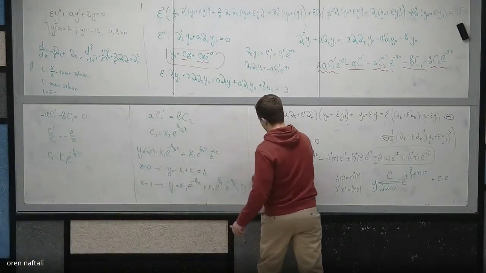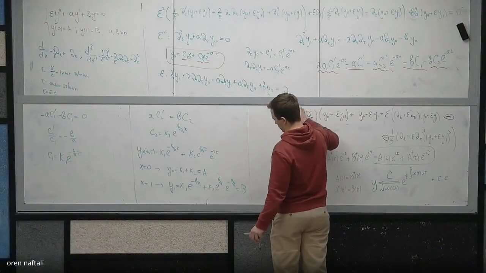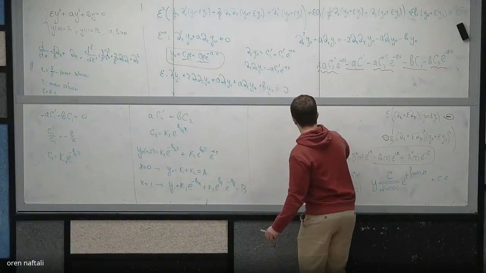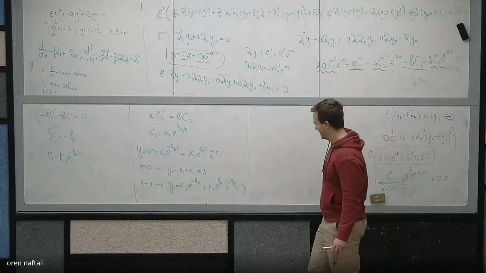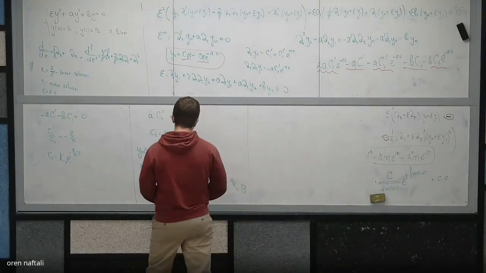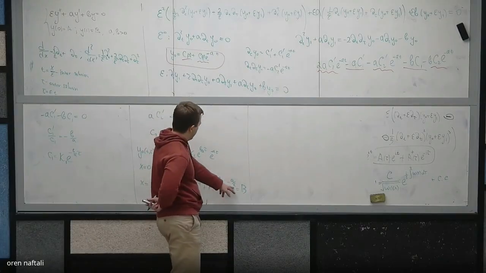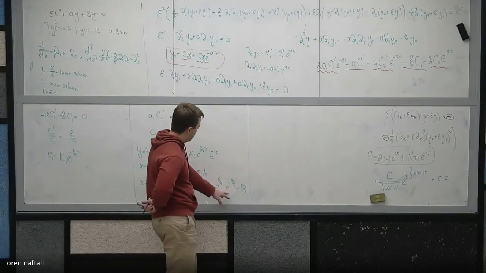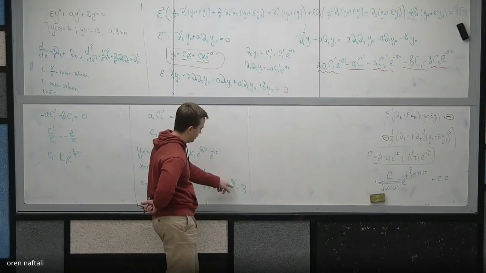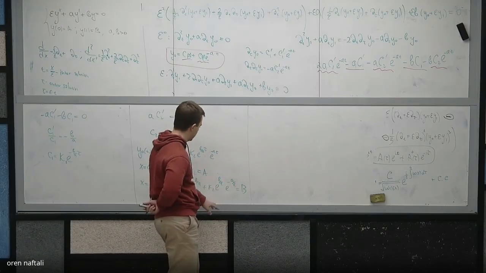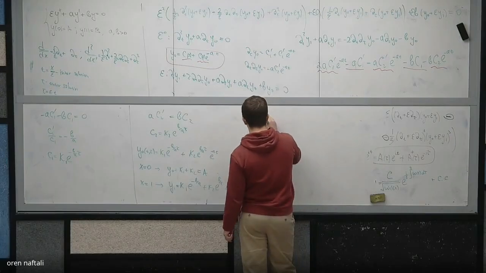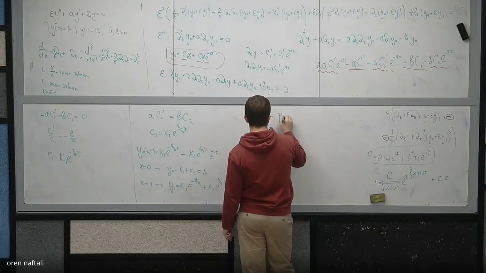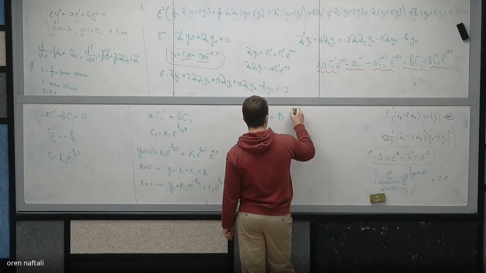So now we need to find k1 and k2. It never ends. Almost there. So look at this term. As epsilon goes to 0, this term goes to 0, right? Because this goes to minus infinity and the exponent goes to 0. So we can simplify this equation and write that k1 is d times e to the b over a.